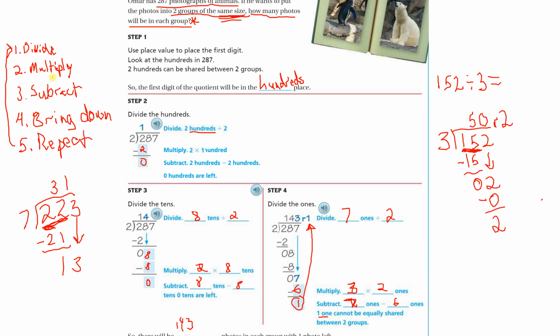Then I go back to step 2, multiply that 1 times the 7 is 7. Step 3 says subtract now, so I subtract. I get 6. Nothing left to bring down for step 4. Since there's nothing left to bring down, that becomes my remainder. So my answer, my quotient is 31, remainder 6.